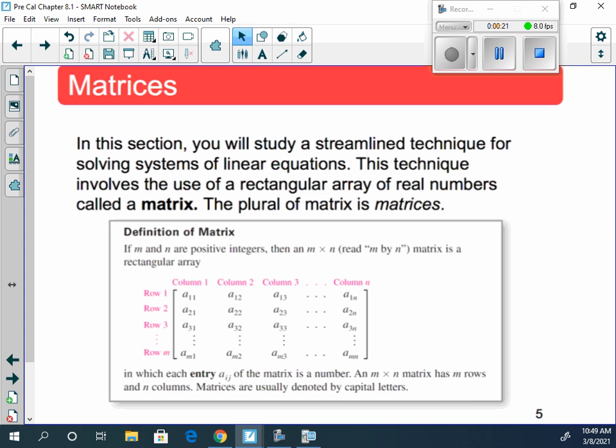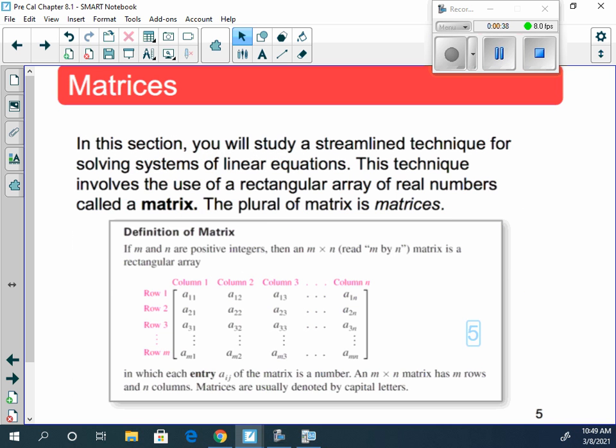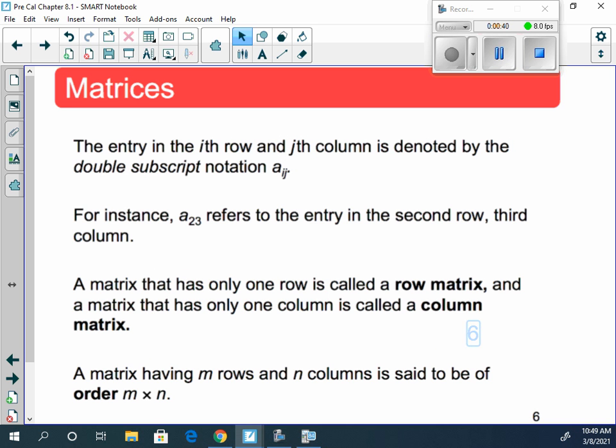Now in this section, we'll study streamlined techniques for solving systems of linear equations using these. Now, when we have a matrix, it is rows by columns, and it's always read the number of rows by the number of columns. The entry in the ith row and jth column is denoted by the double subscript aij.